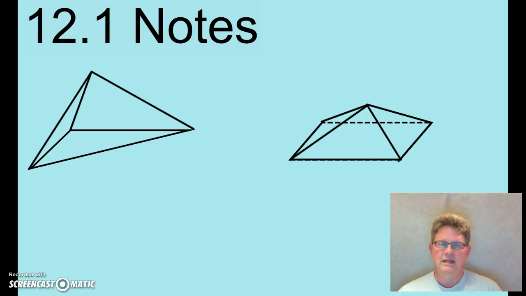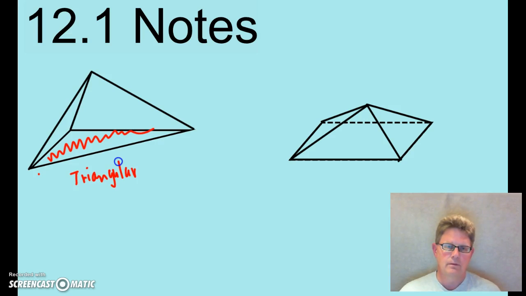Pyramids, again, are going to be named by the base. In this case, the base is a triangle. So this is a triangular pyramid. Whoops. Might help if I spelled correctly. Okay. How many faces? It's got 4.